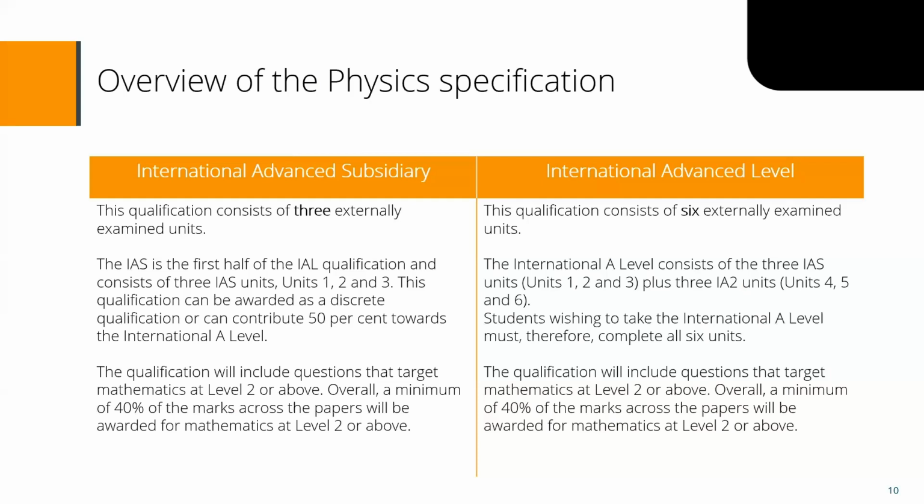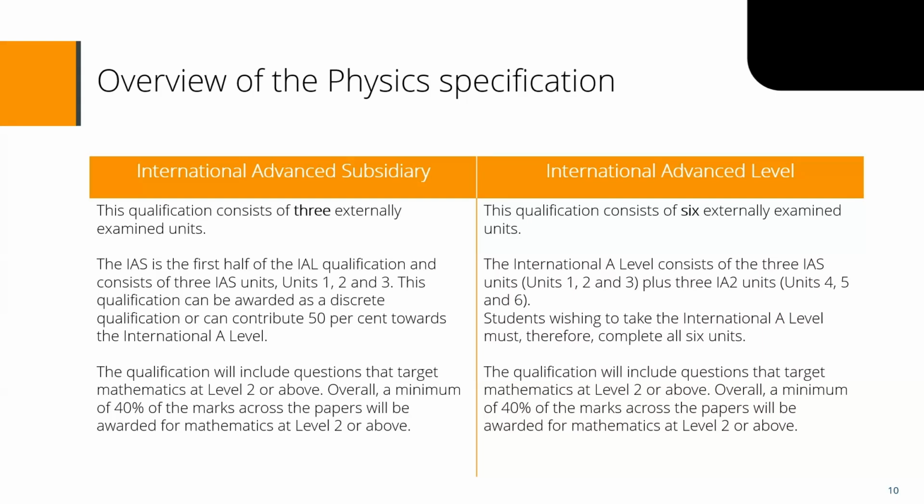Here's a summary from the specification of the unit breakdown of the IAS and the full advanced level qualifications. So looking at the IAS, the qualification consists of 3 externally examined units.